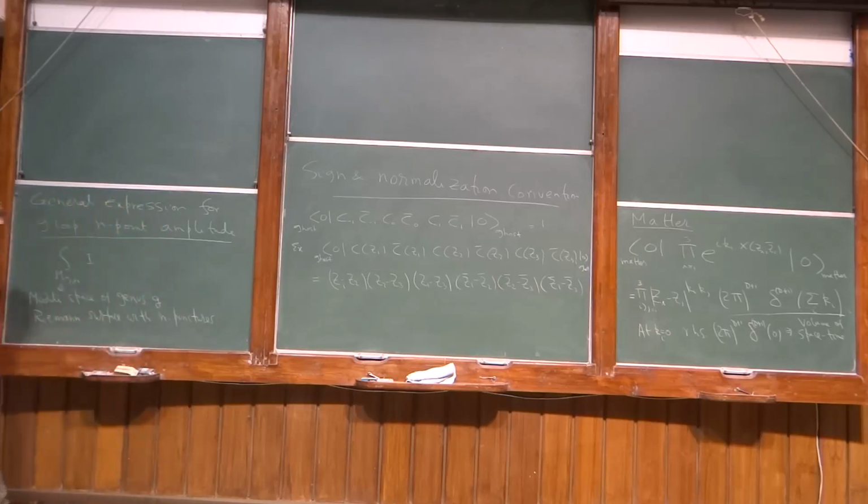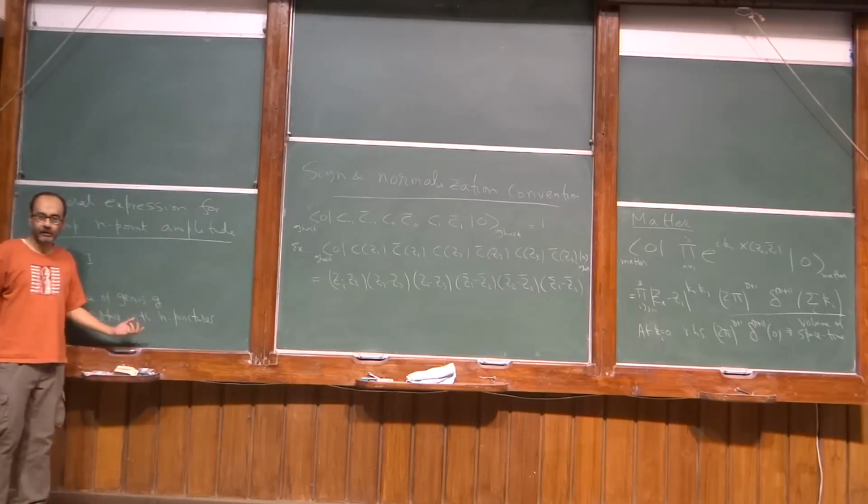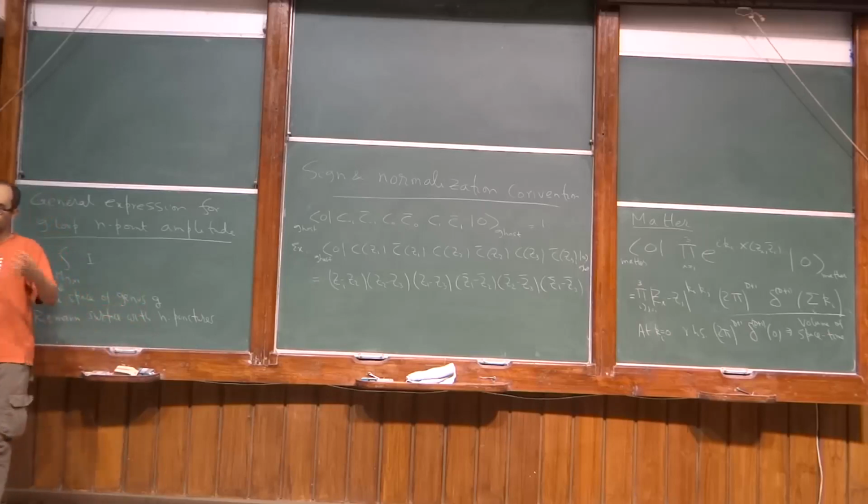Punctures, in this notation, will be just some marked points on the Riemann surface. Genus is the number of handles. So a sphere has genus 0, a torus has genus 1, a double torus has genus 2, and so on.